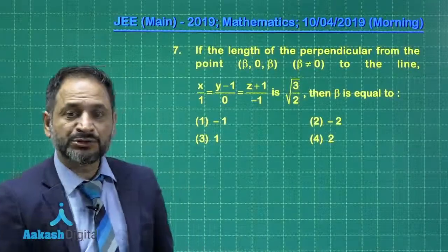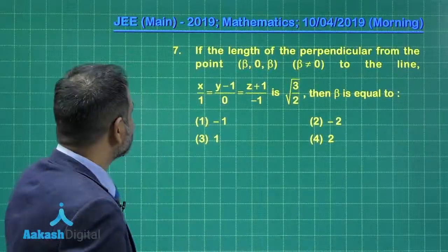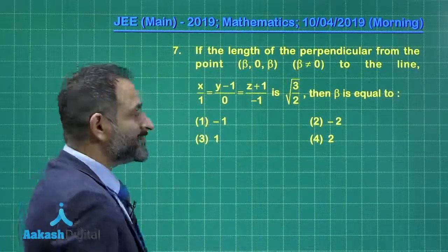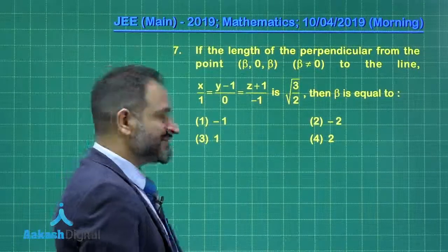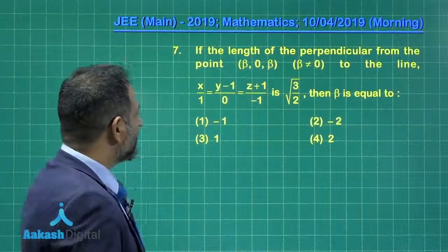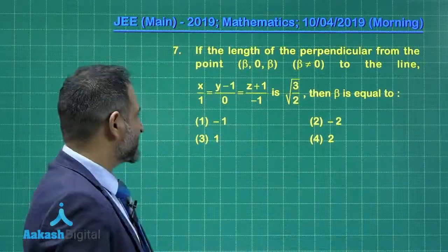Here we are on to the next problem, which is related to three-dimensional geometry. What is given here is, if the length of the perpendicular from the point (beta, 0, beta) to the line is root 3 by 2, then beta is equal to.